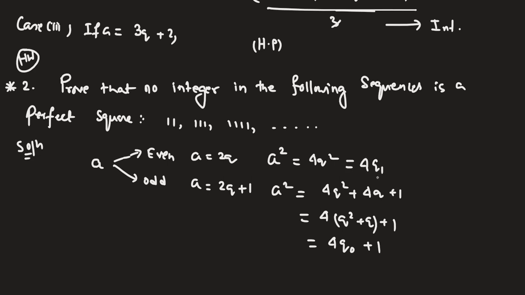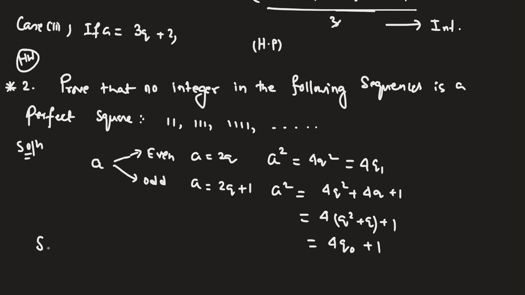So what I notice is that if you have a perfect square number and you divide that number by 4, either it is divisible by 4 or it leaves the remainder 1. So keep this result in mind.